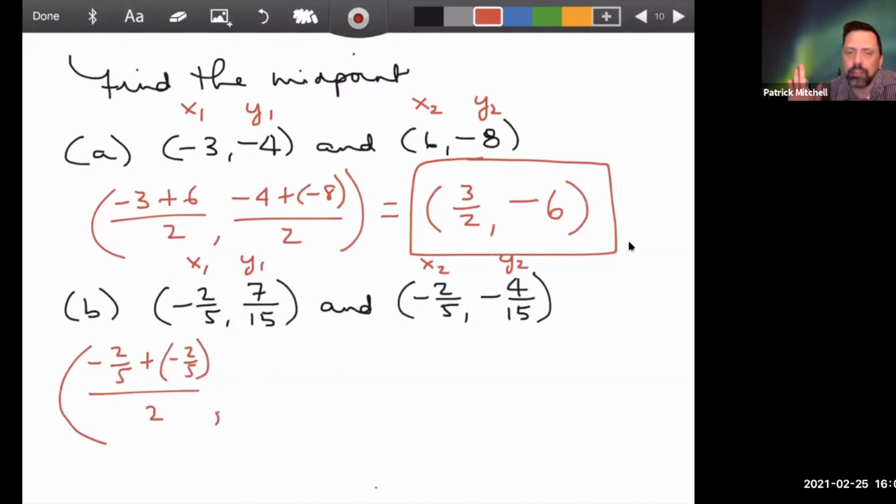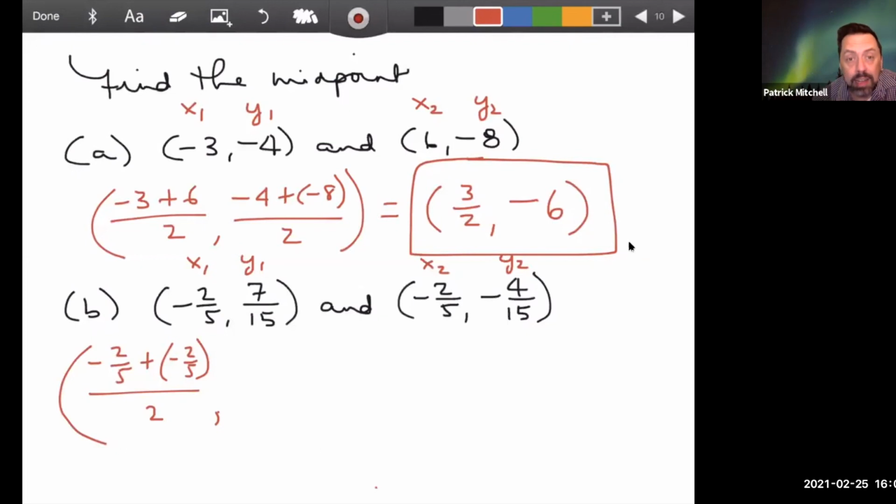Now let me just mention this would be one spot where thinking of it as average would be really helpful. What is the average of negative 2/5 and negative 2/5? It's negative 2/5. When you take the average of the same number twice, you just get that number, right? Isn't that logical? Okay, so it's one of those things where if you go ahead and figure it out, hopefully you'll look at it and you'll say, oh yeah, of course.